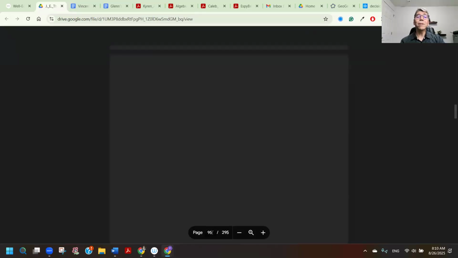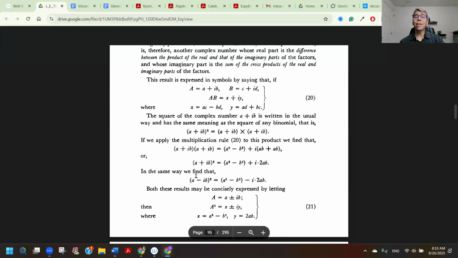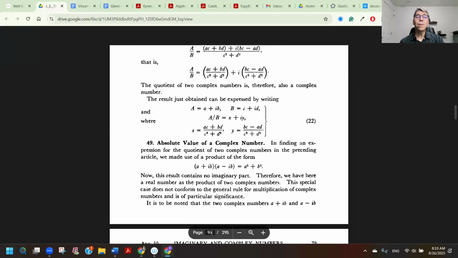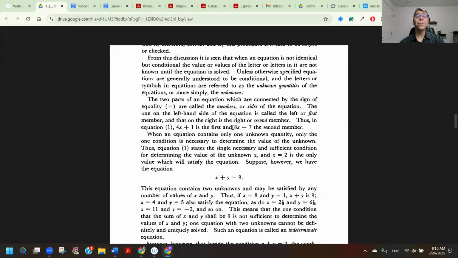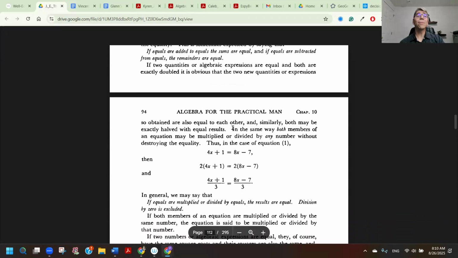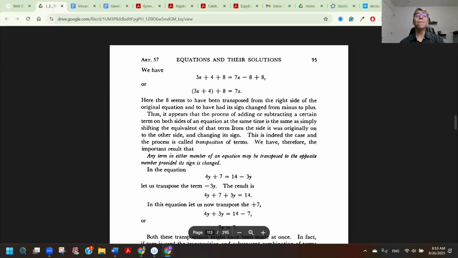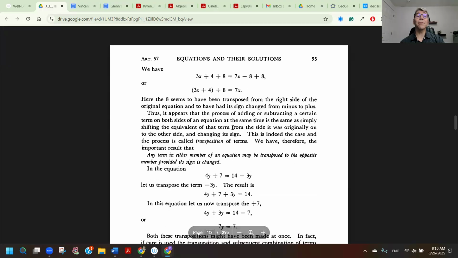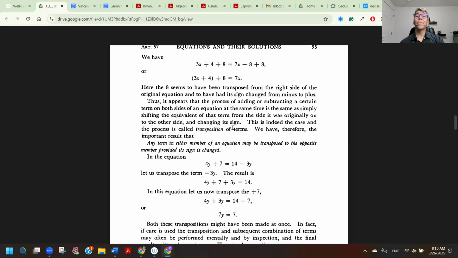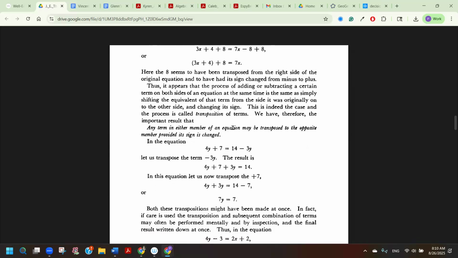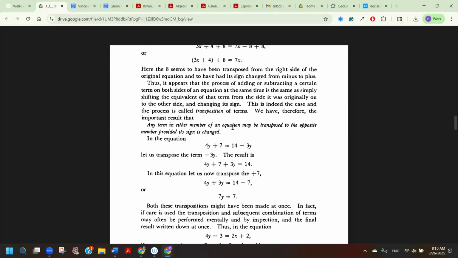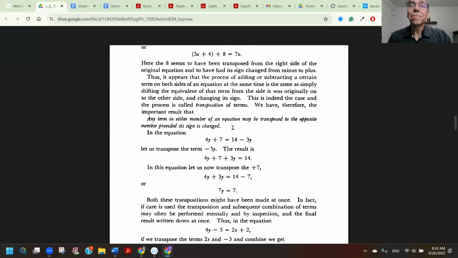It's probably going to be a few pages after that. All right, 92, 93, 94, 95. Are we on the right page here? Okay.